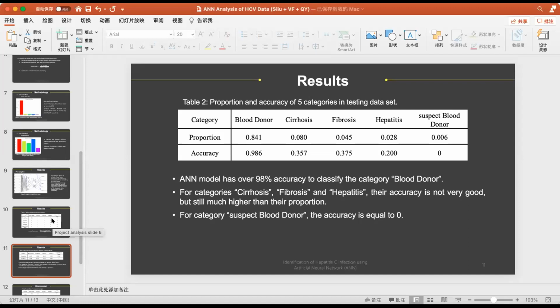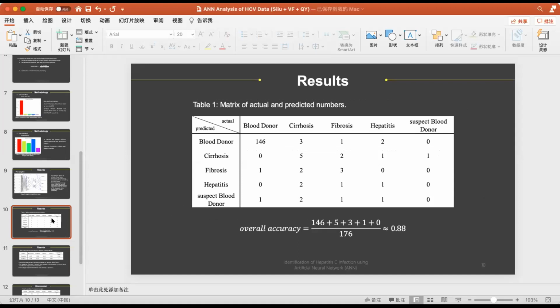So go back to slide 10. Basically, you condition on the blood donor column, right? For blood donor, the total is 148. Then you take 146 and divide by 148, right? Yeah. So this is something like sensitivity, but it's sensitivity for blood donor.